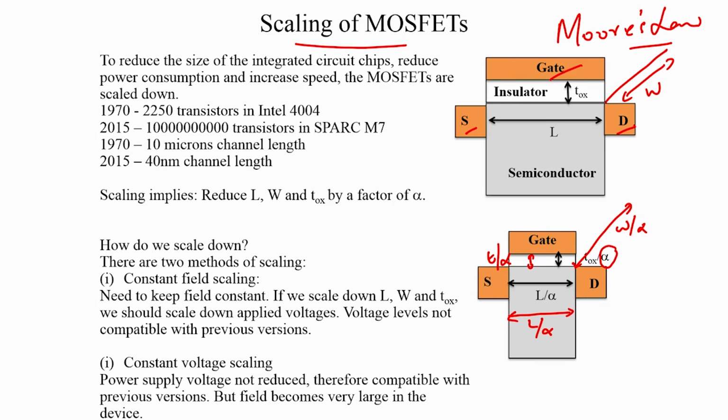And most importantly, you can fit in a larger number of transistors in a given layout area. There are lots of benefits to scaling, and that is what has led to the microprocessors in computers becoming faster, and it has led to mobile technology, etc.